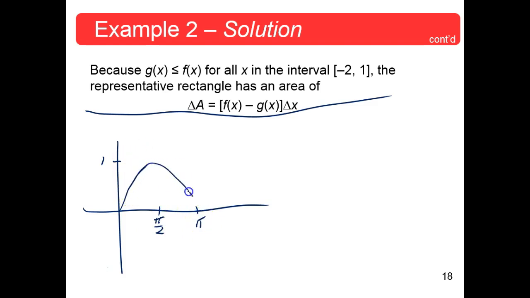Sine goes like this, and 3 halves pi and 2 pi, and down to -1 and up to 0. Whereas cosine starts here at 1 and goes down to 0, down to -1, and up to 3 halves pi.